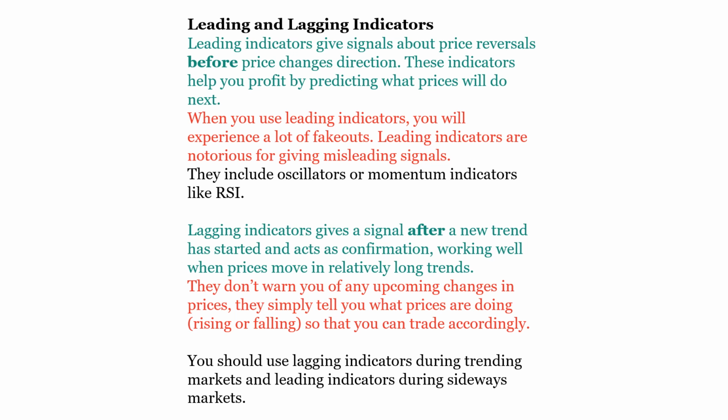This means that you will buy or sell late, but in exchange for missing any early opportunities, they greatly reduce your risk by filtering out false signals. Examples of lagging indicators include trend indicators, like moving averages, and volatility indicators, like Bollinger Bands. You should use lagging indicators during trending markets and leading indicators during sideways markets.